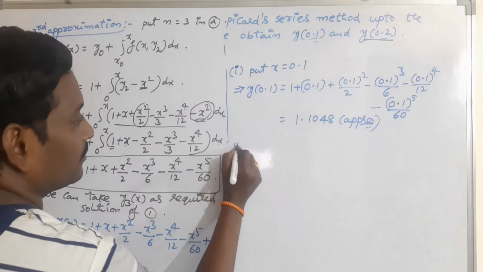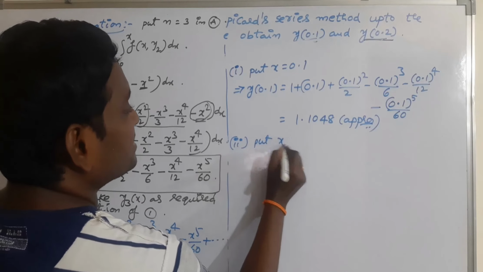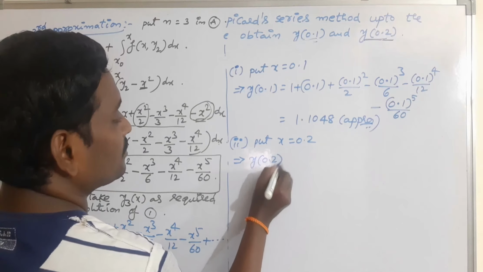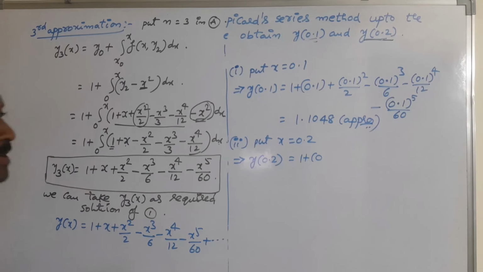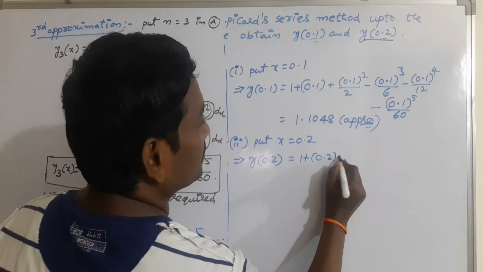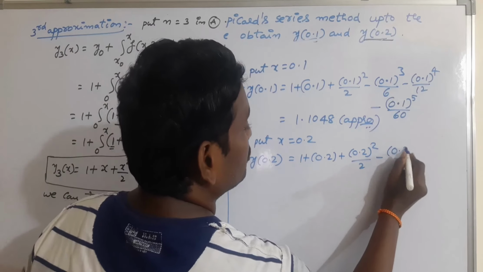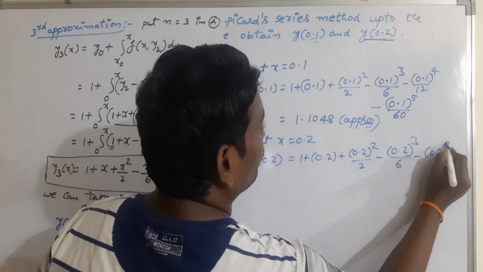For y of 0.2 replace x is equal to 0.2. So you will get y of 0.2 is equal to 1 plus, whenever we have x, replace it by 0.2, plus 0.2 whole square by 2 minus 0.2 whole cube by 6 minus 0.2 whole power 4 by 12.